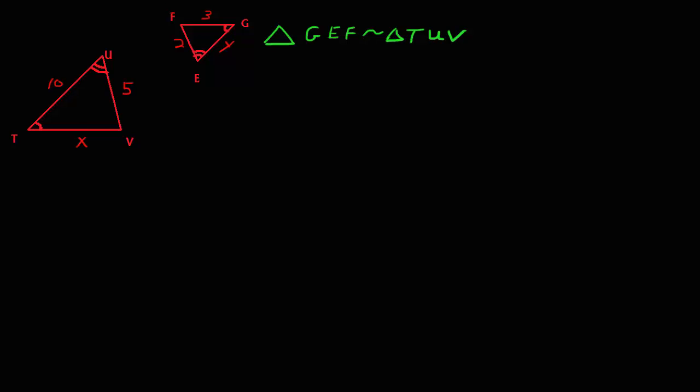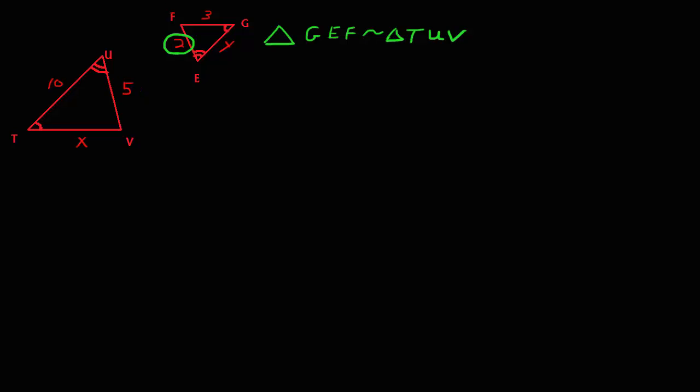Now let's find our scale factor. Our scale factor is going to be 2 over 5, because 2 is the side length between our no congruency mark for angle F and our two congruency marks for angle E. And 5 is also between our no congruency mark for V and our two congruency marks for U. Therefore, side length of 2 corresponds to side length of 5.